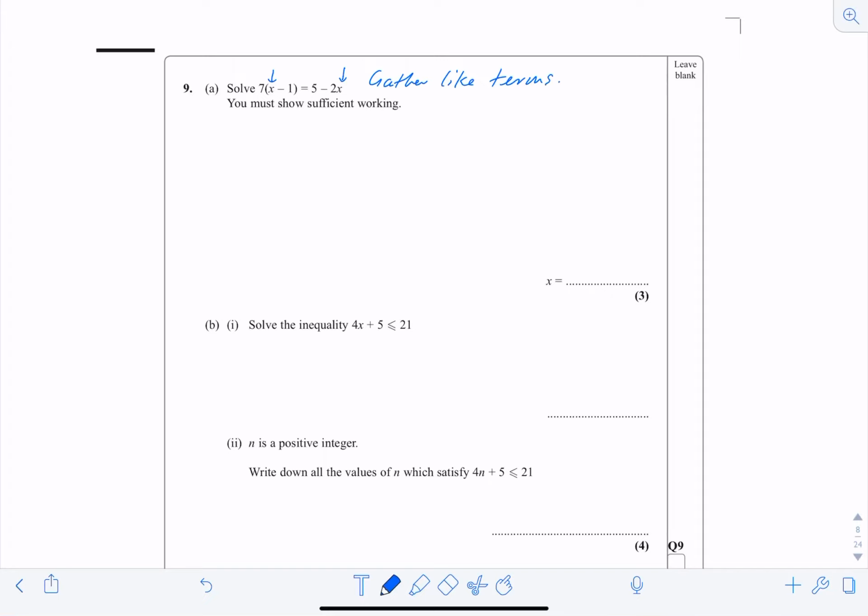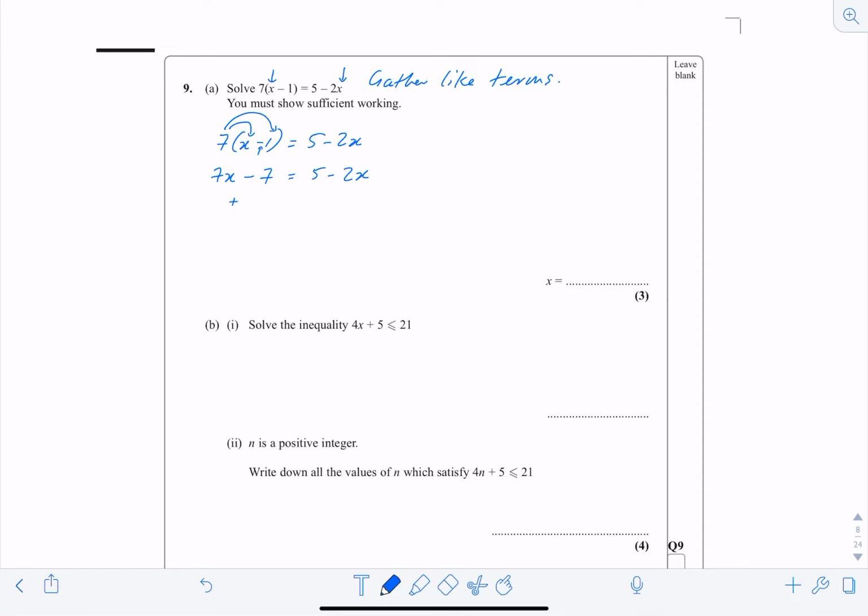So I'm going to gather all the numbers together and all the x's together. I'm going to start by multiplying out. Actually, no, I'll start by writing it down. Would be a better idea. Multiply out that and that. So I've got 7x minus 7 because of that negative 1 there, and minus 1. And that equals 5 minus 2x.